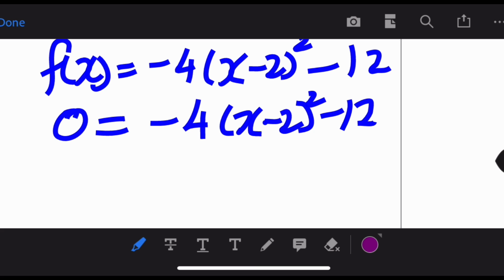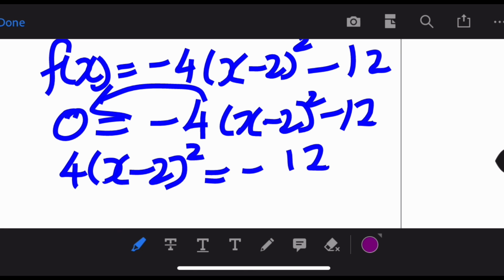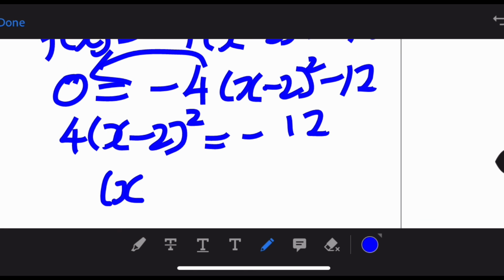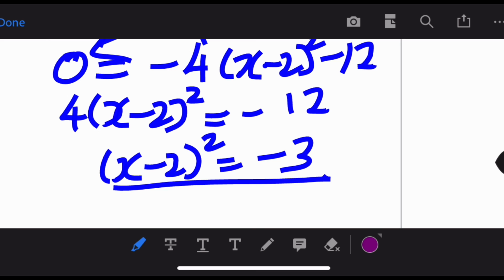So either you factorize or you use b squared minus 4ac. Equal to negative 12, I'm sure I cannot get the roots. So never mind, you can actually do it at negative 3. So when you reach like this, you cannot solve.